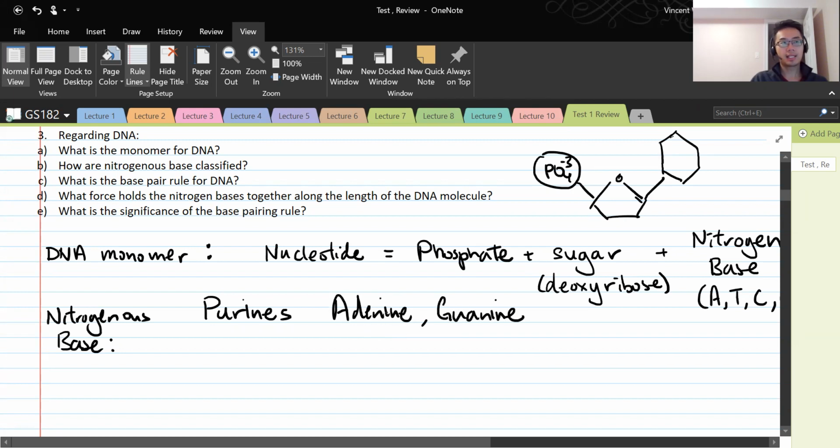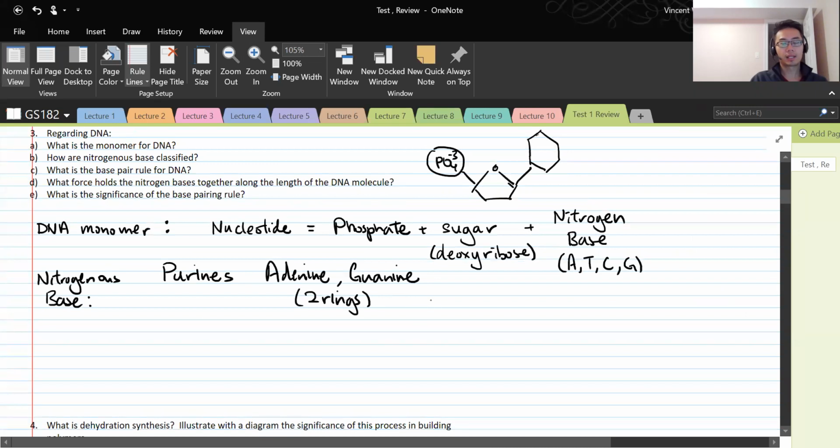These ones, the adenine and the guanine, have 2 rings in their structure. You don't have to draw it, but I'm just showing you what it would look like if you were to draw it out. Something like this, a double ring, and that would be an adenine. So 2 rings.